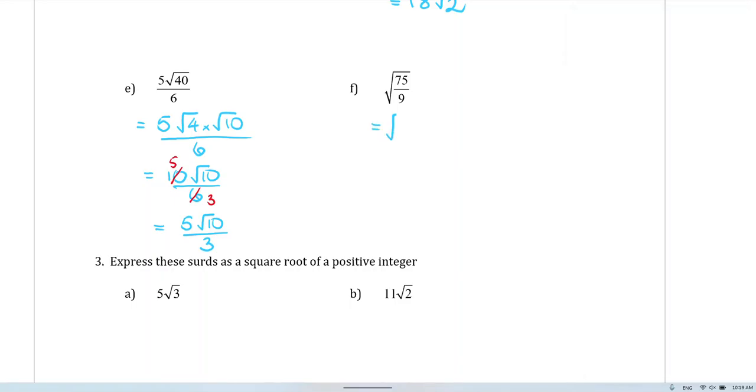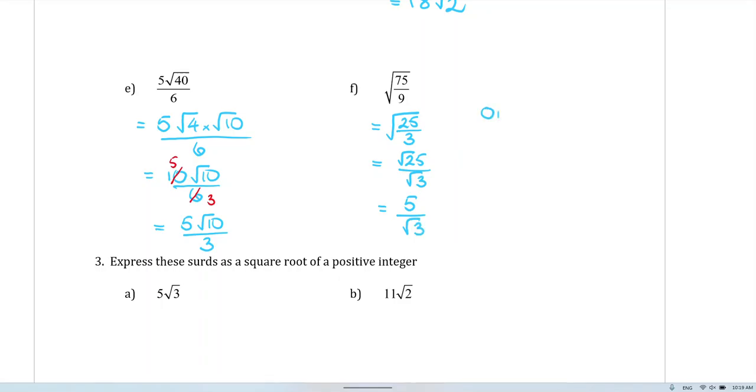So it's the same as square root of 25 over 3. Then you could split the surd to be square root of 25 on the top over square root of 3 on the bottom. And fortunately for us, the square root of 25 is 5, and then we would just have a square root of 3 on the bottom.